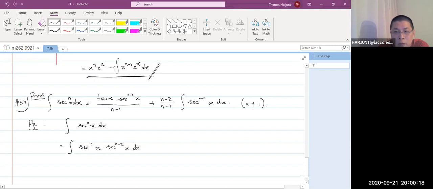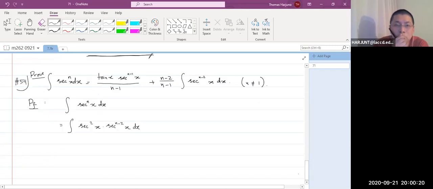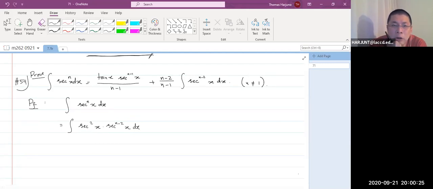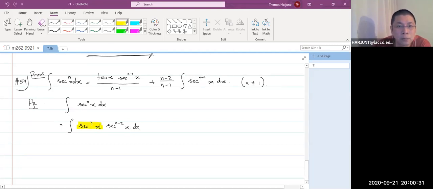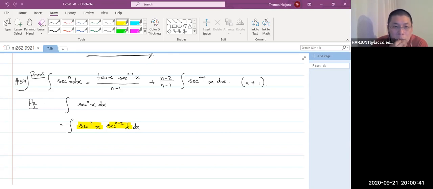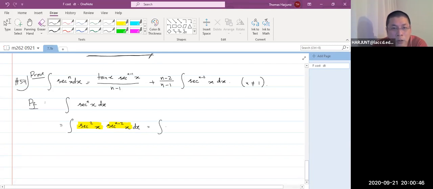Why do I write it that way? I break it up this way because I know the integral of secant squared is tangent. Maybe I rewrite it backward then: the integral of secant to the n minus 2 of x times secant squared x dx.